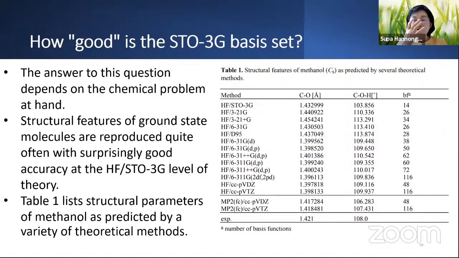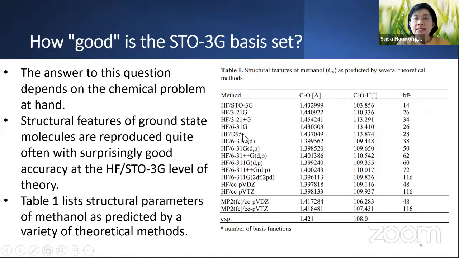So if we ask if STO-3G is good enough, you can see that for methanol we have Hartree-Fock STO-3G and several examples of other basis sets, which we will learn a little bit more about later, okay? But in this table, this is the minimal basis set.